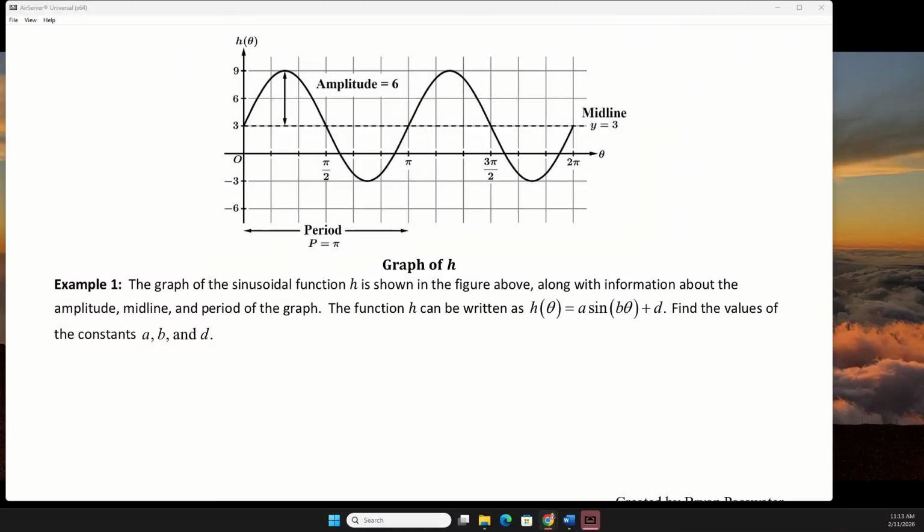Now, I personally like to start with the midline, but you can start with any of these. But the midline, to me, is the easiest to see. And so the midline is going to be associated with D. And it tells us the midline here is 3, so that means that D is 3. All right. The absolute value of A is always going to be the amplitude.